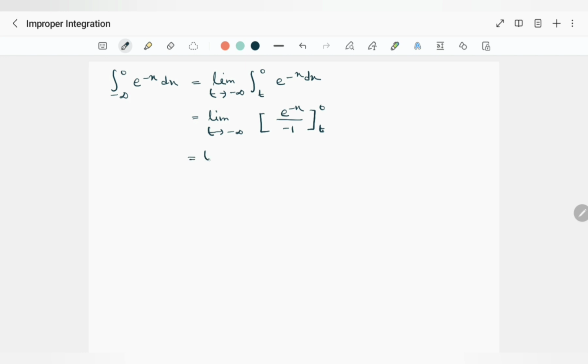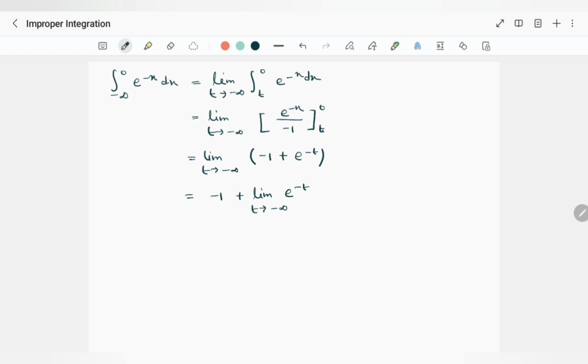So this is limit t tends to minus infinity, e to the power 0 is 1, so this is minus 1 minus minus plus e to the power minus t. So this is minus 1 plus limit t tends to minus infinity e to the power minus t.